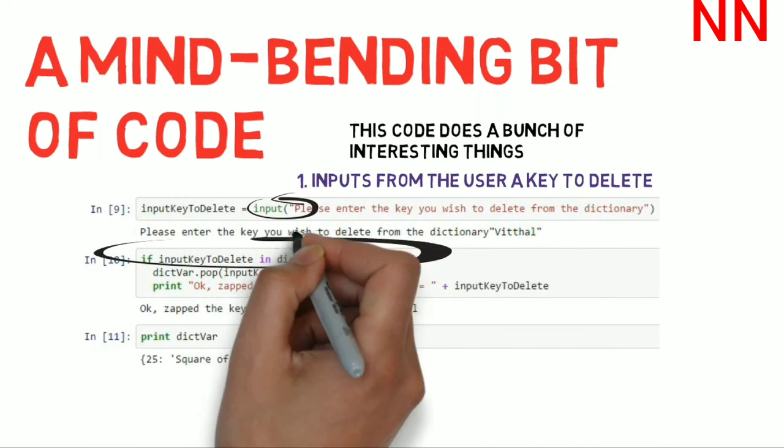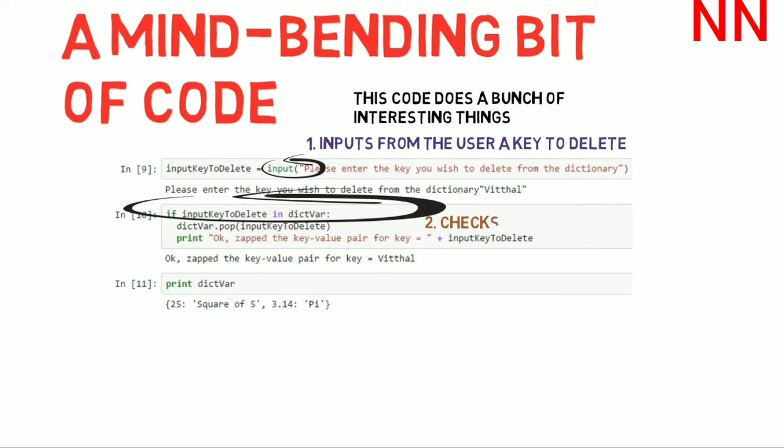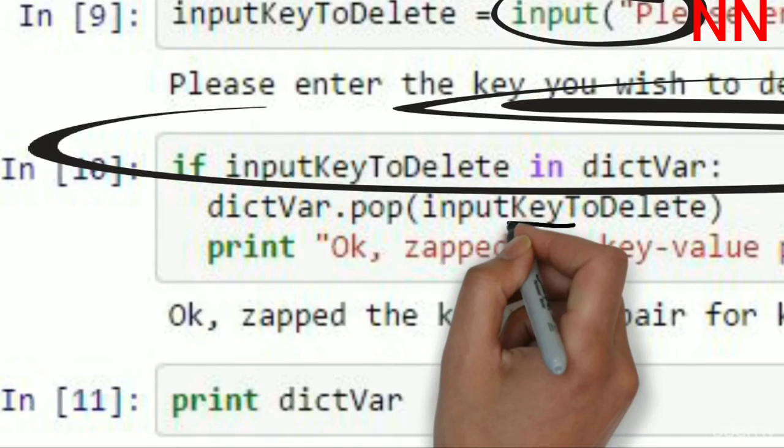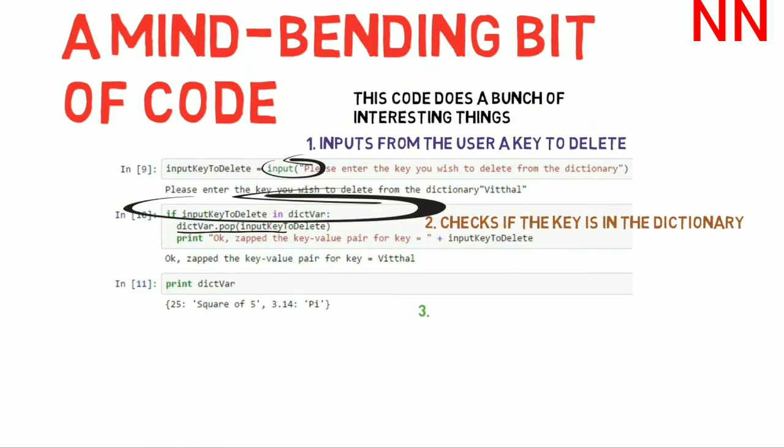Next, it checks if the dictionary dictoire has this key, input_key_to_delete, by saying if input_key_to_delete in dictoire. This is the way to check if the key is in the dictionary. So this next bit of code executes only if input_key_to_delete is in dictoire. We use the pop function to remove the key value pair from dictoire.